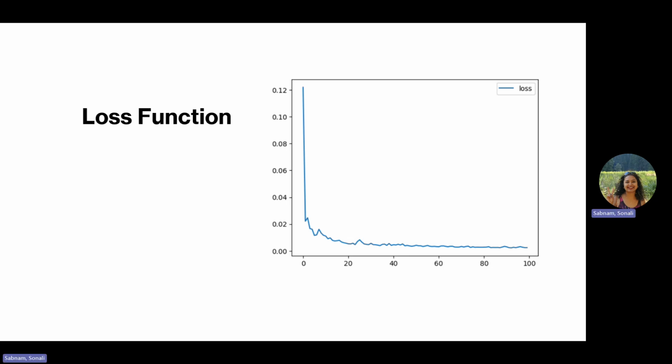Here we see the loss function plot, which demonstrates the model's learning progress over 100 training epochs. The y-axis represents the loss value, while the x-axis denotes the number of epochs. A sharp decrease in the loss is observed at the beginning, indicating rapid learning.